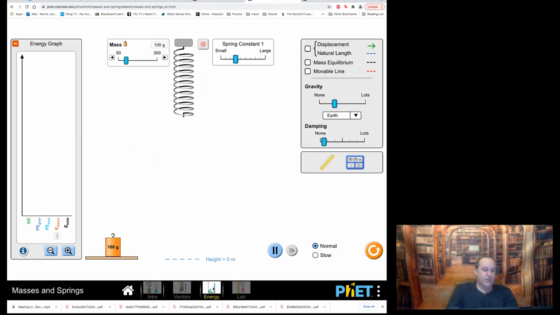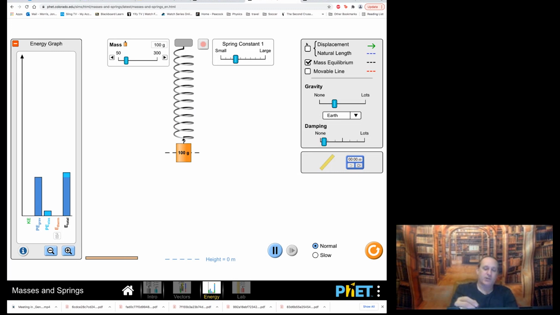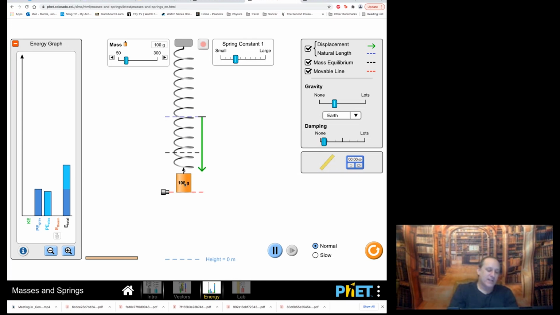If we want to include friction, let's put in our equilibrium position for the mass. This was the natural length, and I'll put in a reference line so we can see what happens.